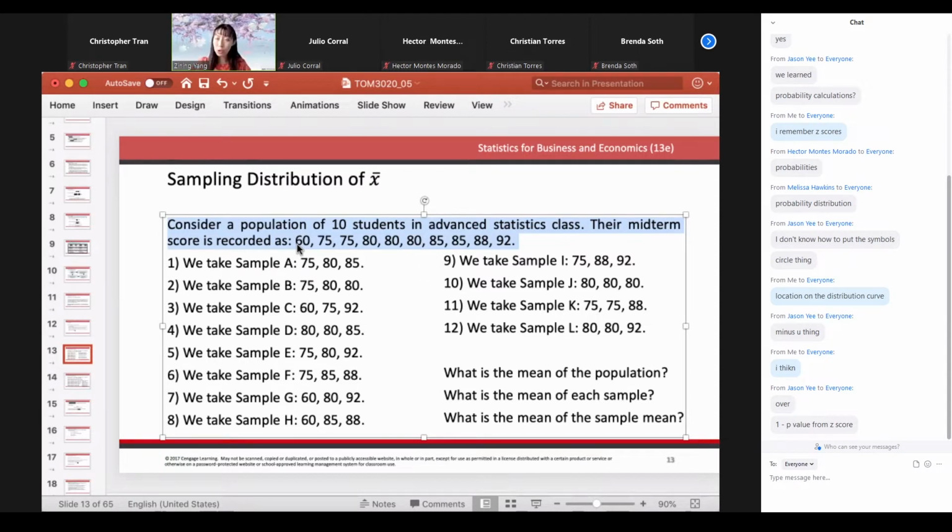Assuming you don't have time to handle the population, like 900 students, you only have time to handle a sample. What's going to happen? In theory, we want the sample to represent the population precisely and accurately.